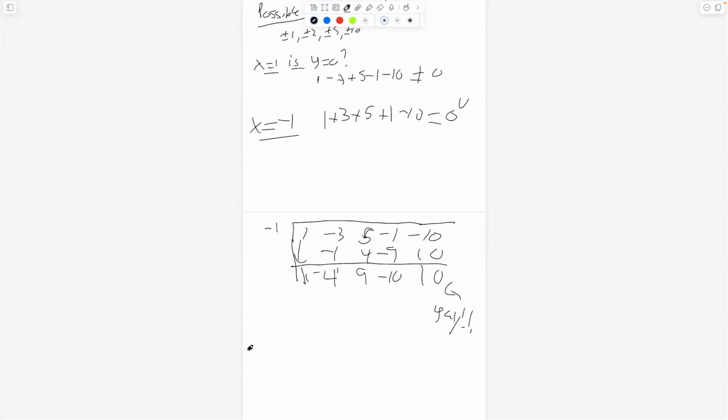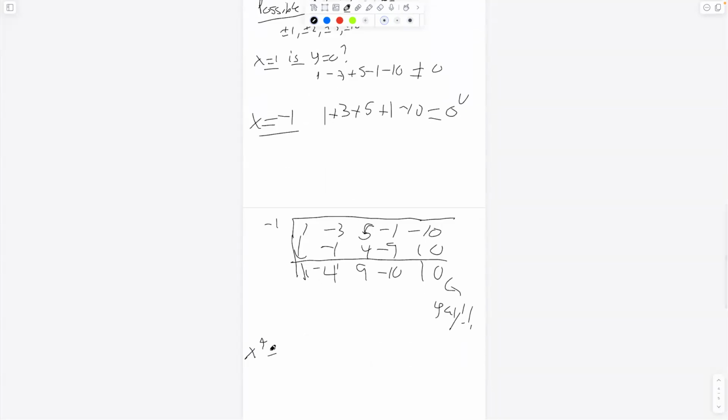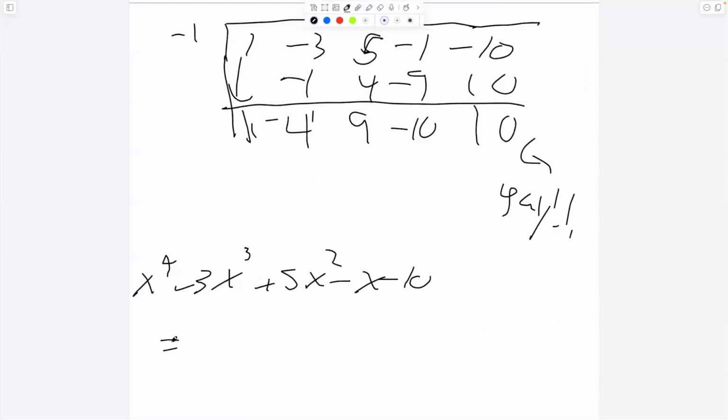So that original function, x to the 4th minus 3x cubed plus 5x squared minus x minus 10 could be written as x plus 1 times.